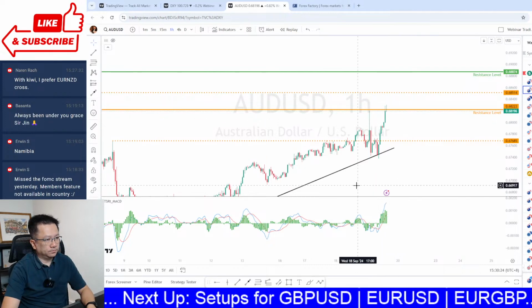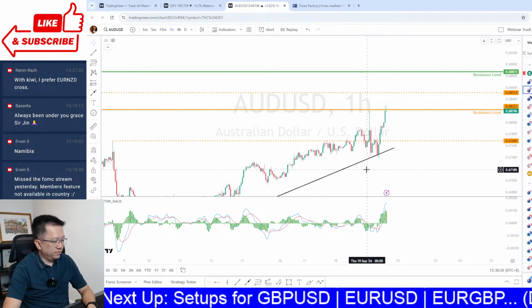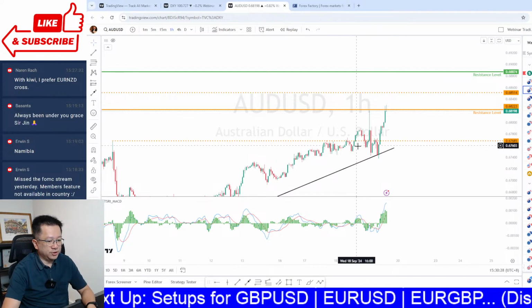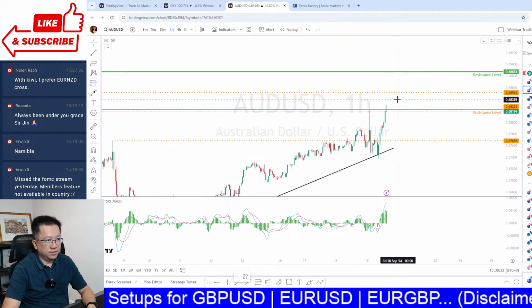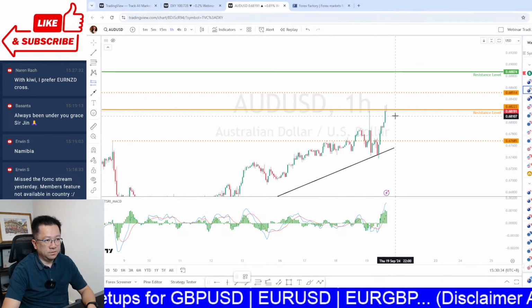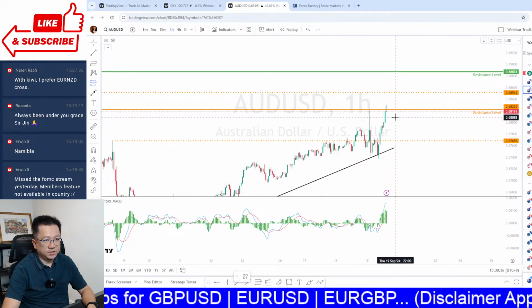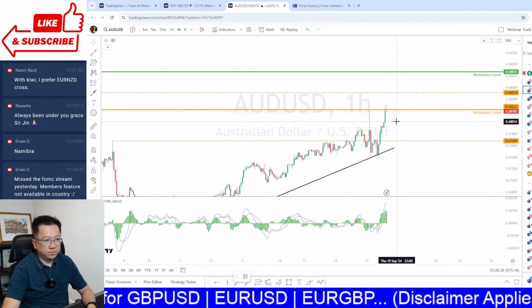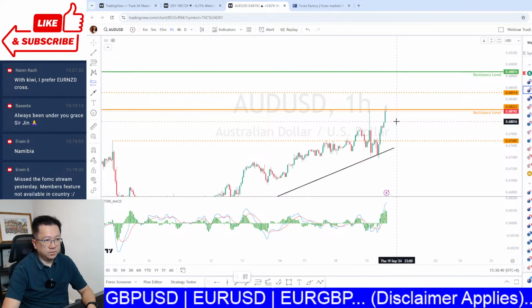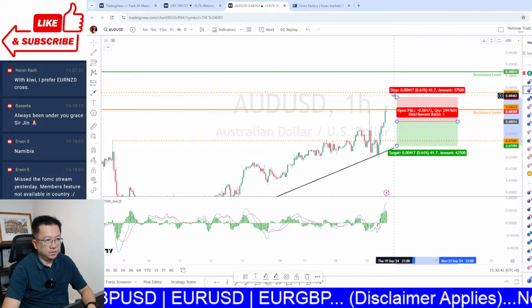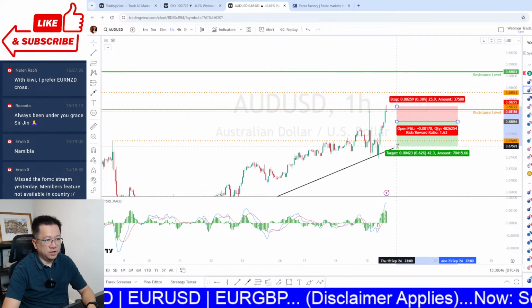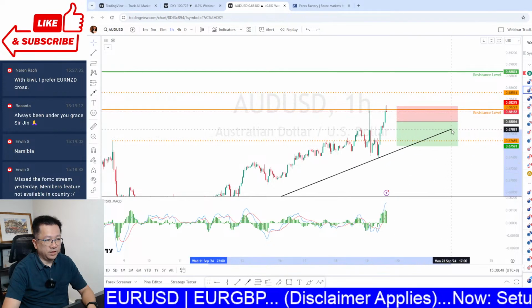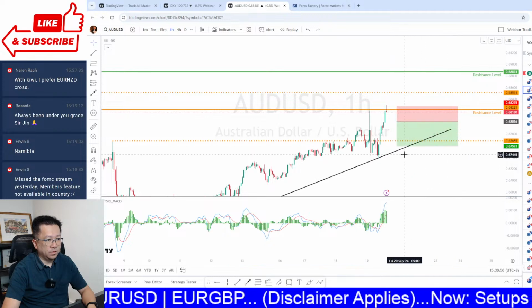And I would even like to see a clear rejection back down. So what I'm actually looking for is 0.68, 25 to 40 pips back down, right?